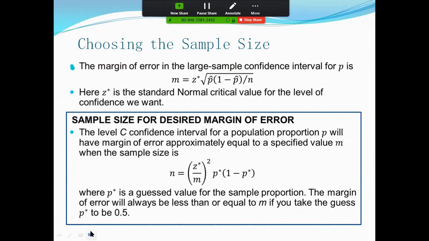The margin of error will always be less than or equal to m if you take the guess p star to be 0.5.